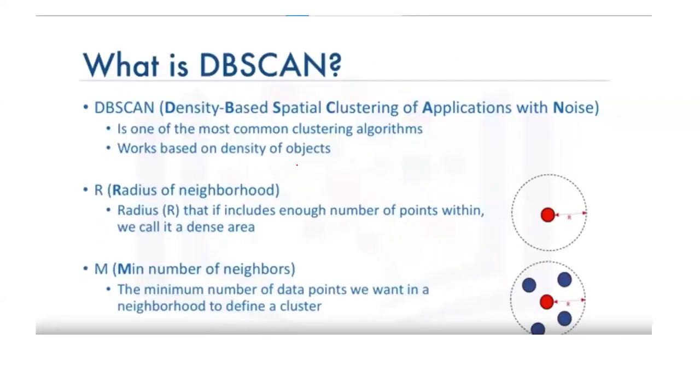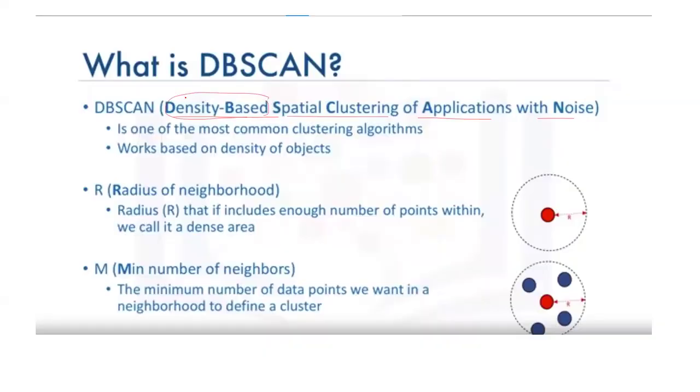Basically, DB-scan is known as density based spatial clustering of applications with noise. This is an acronym, it has such a long name. So it is density based. What it does is, in your data, it will see which observations are closely placed, and wherever there is a high density of observations in the n-dimensional space, it will cluster those observations.